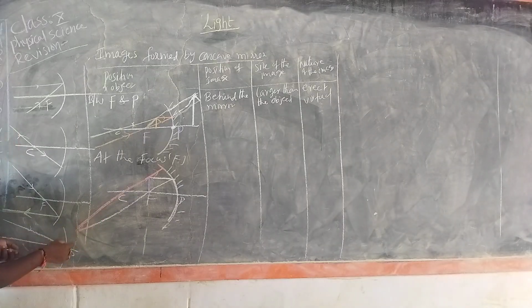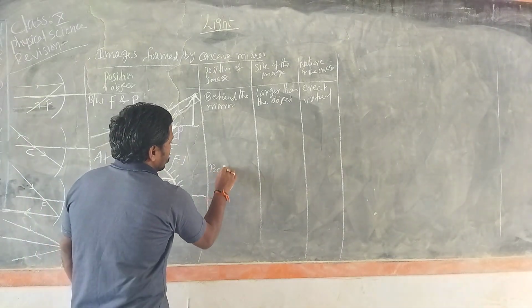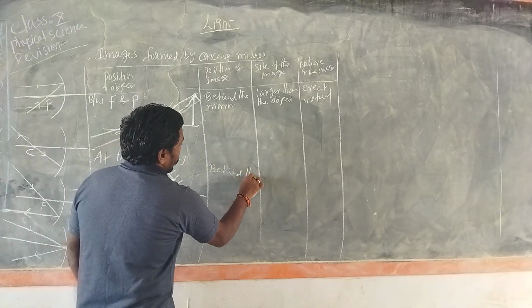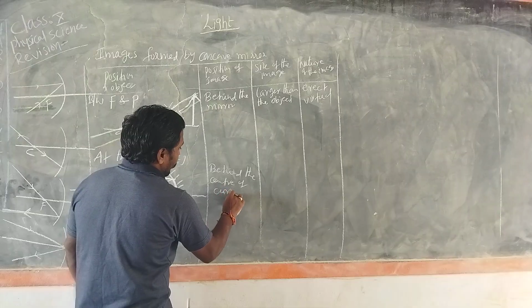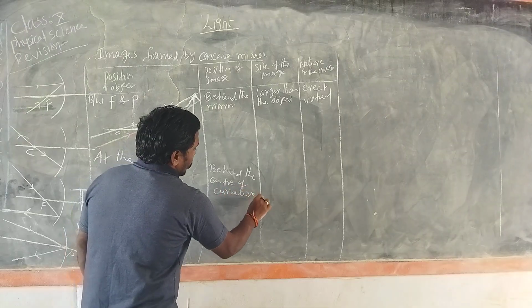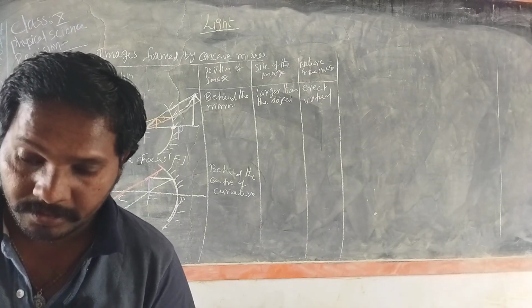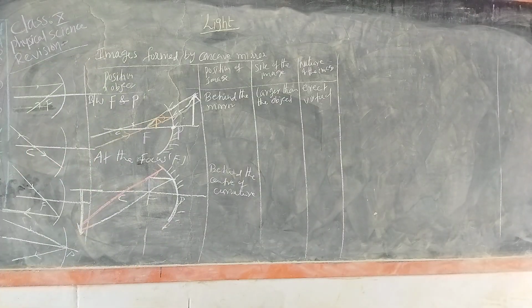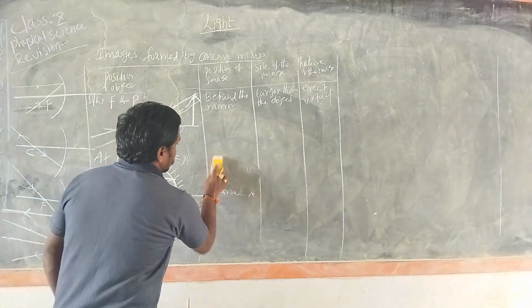Then where is the image formed? Behind the center of curvature. Or not behind the center of curvature, at infinity. Extremely sorry. At infinity.